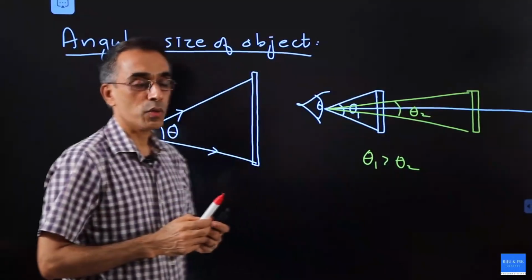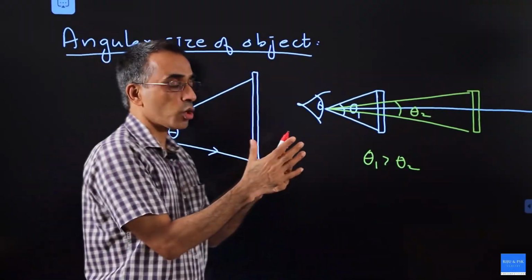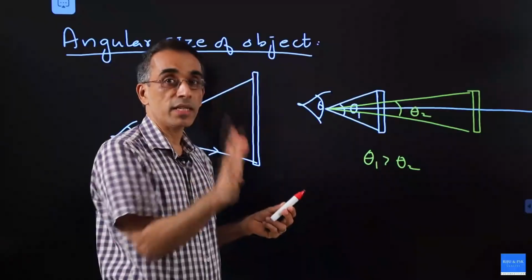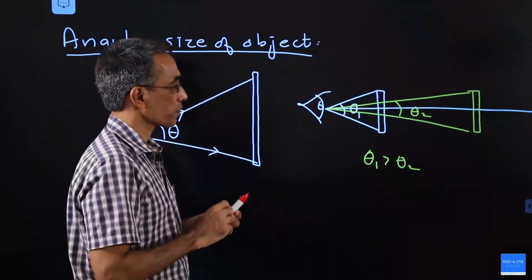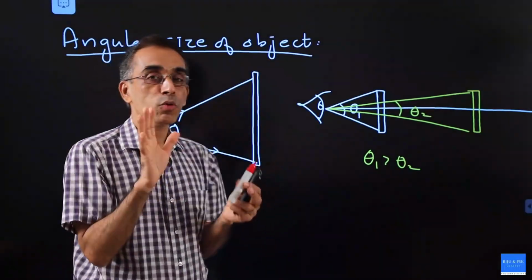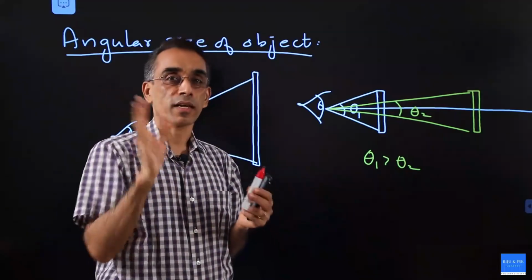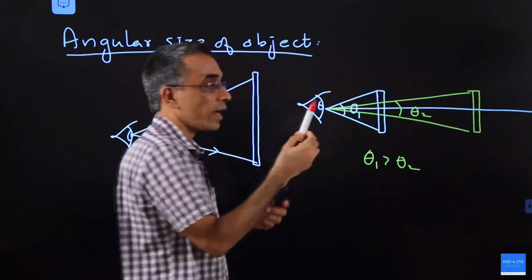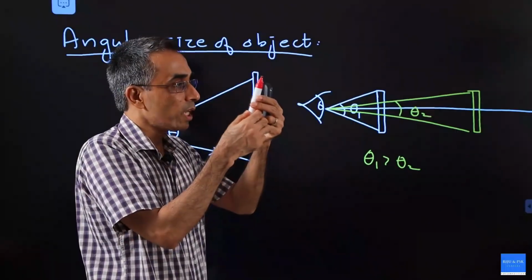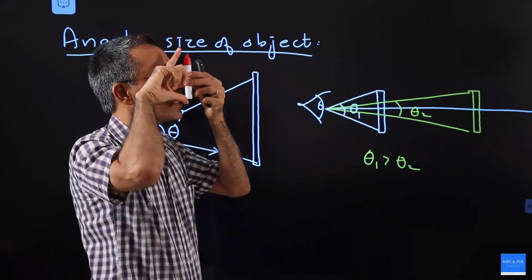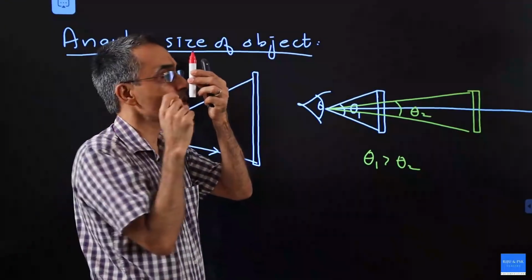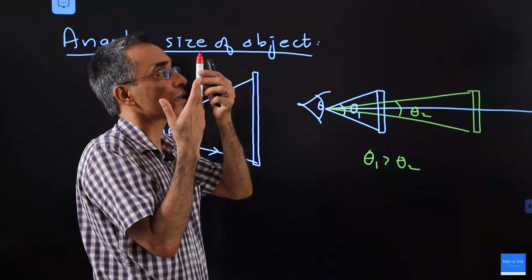Now if you want to see an object larger in size, if you want to see the details, how to look at it? It should create a larger angle. So object should be as close to the eye as possible. If I keep it very close to my eye, it creates a very big angle. But problem is that the image is blurred.